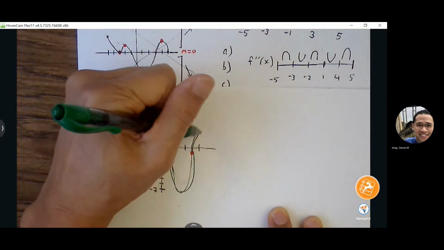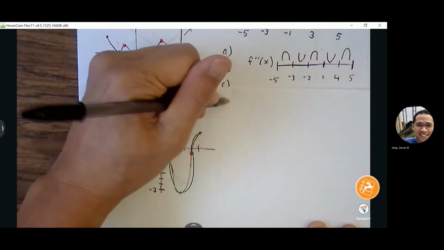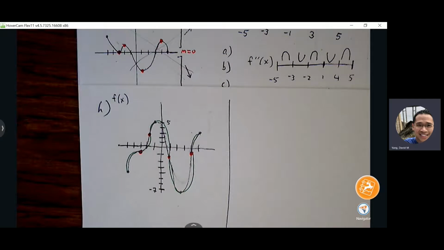So that's what I'm expecting from your f of x graph. Are you guys comfortable with all those steps?